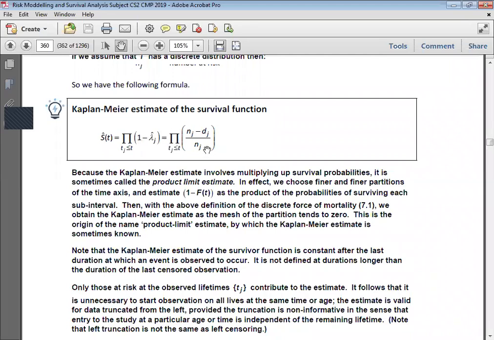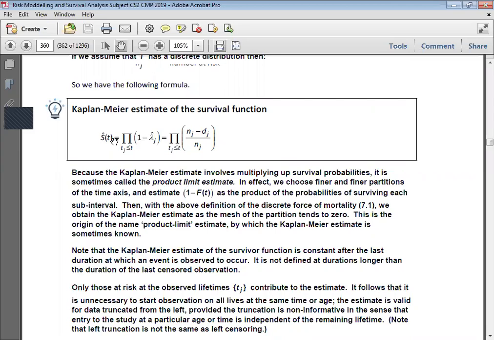Which is not seen here, but it's implied. So this is sometimes also known as the product limit estimate. If you see estimate written here at the end, this gives you some idea that this particular number that you will get for this survival function is going to be a point estimate. So this is in a way a point estimate.